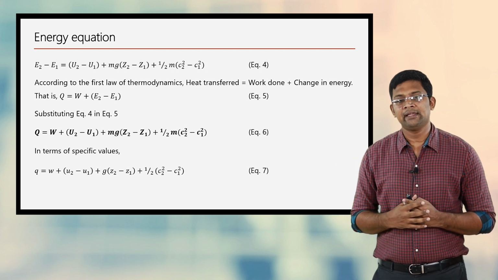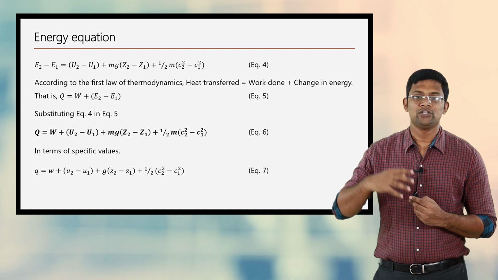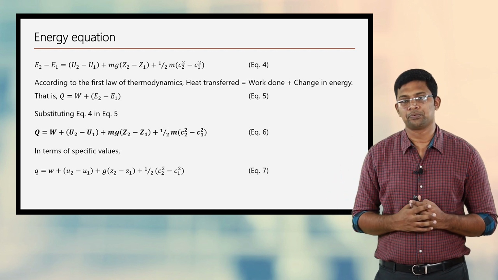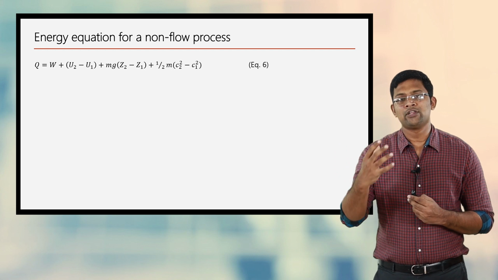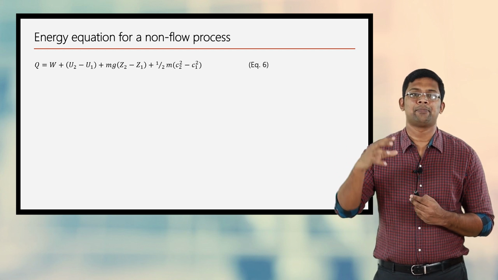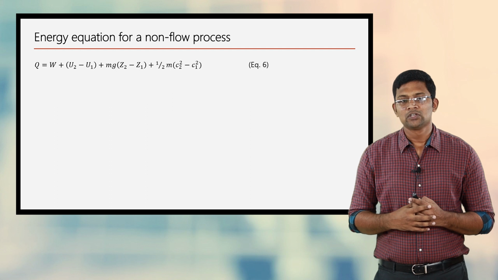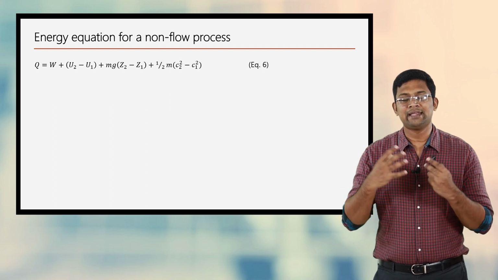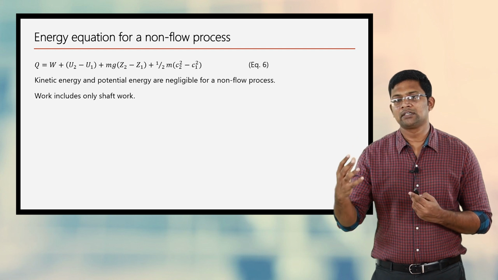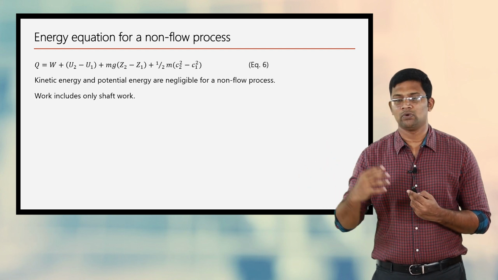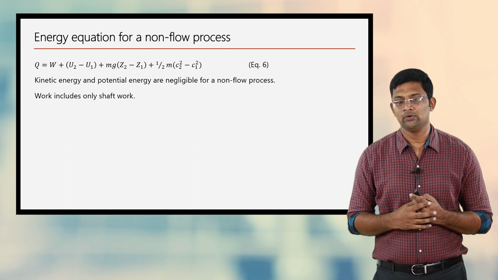Now let us write the energy equation in terms of a non-flow process and a flow process. First, the non-flow process. You know, a non-flow process is the process happening inside a closed system. So in such systems, we can neglect the values of kinetic energy and potential energy. The work done is only the shaft work, which is indicated by Ws.